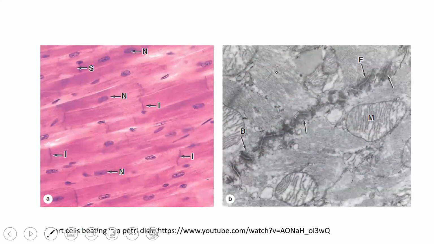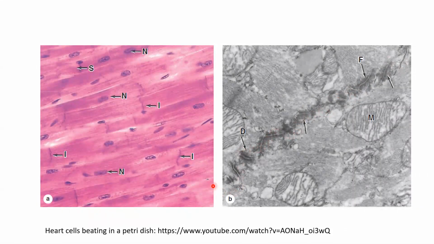This here is the light microscopic view of the cardiac muscle. Here you have the intercalated disc, the nuclei, and you can see the striations. This is the electron microscopic view. You can see it's not a smooth surface.